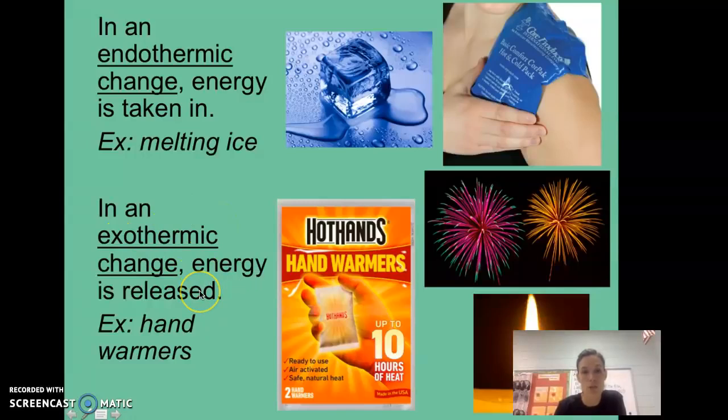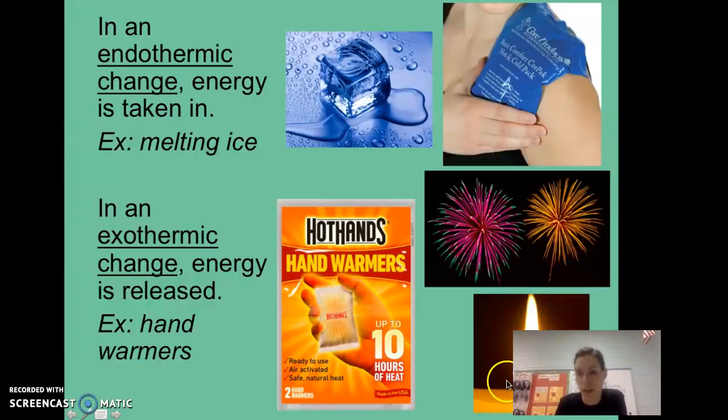Exothermic is when energy is released, and so exo means out, and therm means heat. So you're going to feel hot when it's an exothermic reaction. So the hot hand warmers that you might put in your gloves or your boots in the wintertime have chemicals inside those that, when you take the packet and manipulate it and move those chemicals and put them together, the hot hand warmer gets warm, and that's an exothermic change, exothermic reaction.